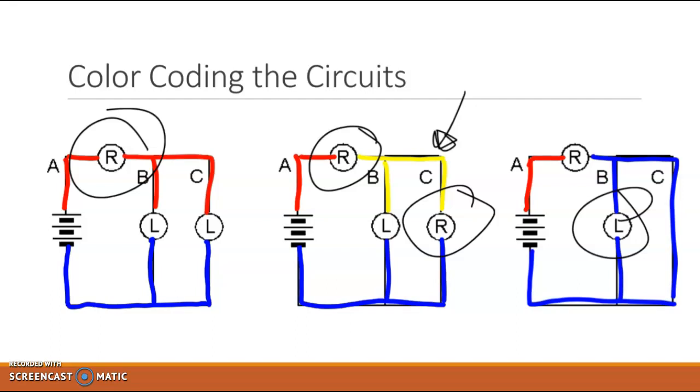We saw that those two round bulbs were the same brightness, which means that we could have just taken the long bulb out and put the long bulb on the right side, and that would have been the same circuit. Let me try to make that a little clearer. If we just took this long bulb and this round bulb and switched them, the circuit would be the same. That wire there would still be yellow.